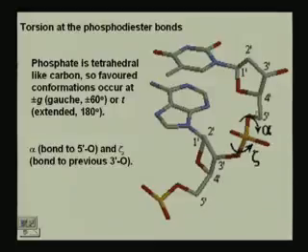We have now here a dinucleotide. Why do I call this a dinucleotide? Because I have two nucleotides. You recognize here that you have this red, we know is the oxygen of the sugar. This is the nitrogen of the base.